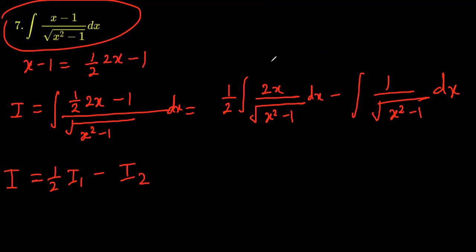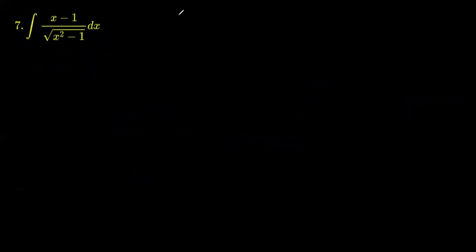Now we would like to find this I1 and I2 separately. Let's see I1, which is the integral of 2x over the square root of x squared minus 1.